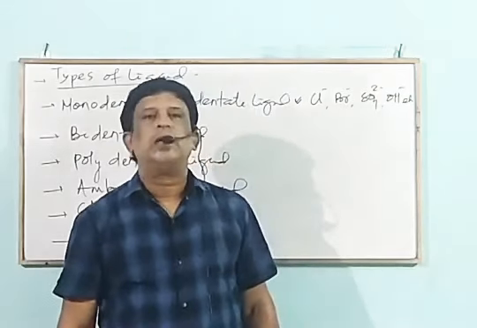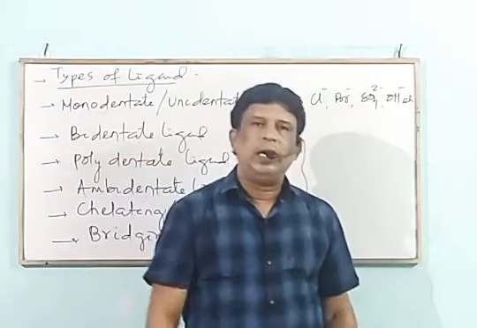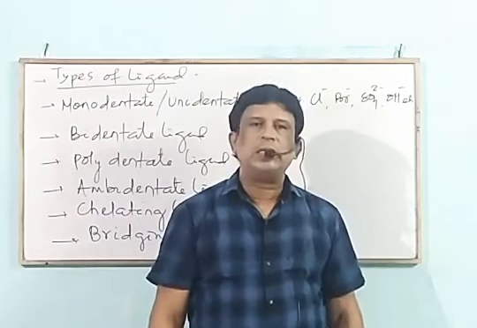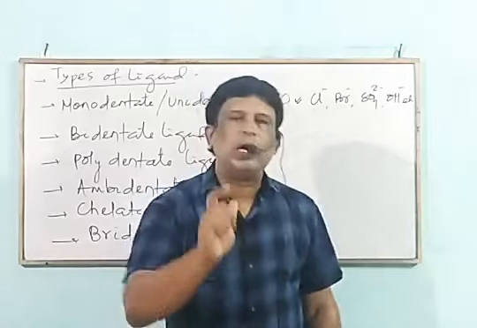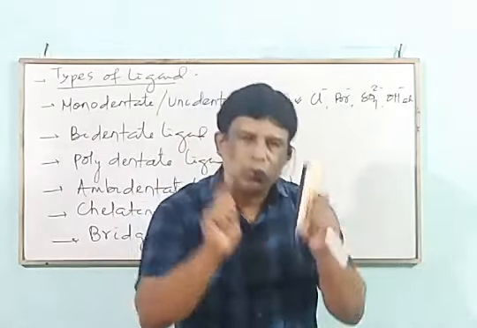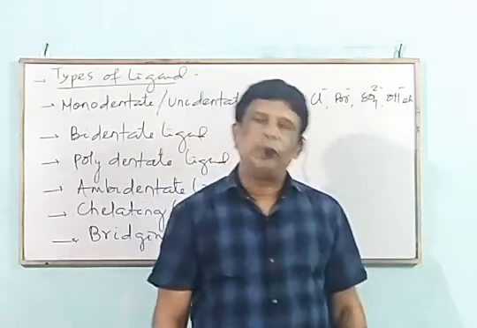Then it is known as monodentate ligand. Next, bidentate ligand. The species which possesses two donor sites, two donor atoms, which donate two pairs of electrons to one central metal atom or ion, is known as bidentate ligand.